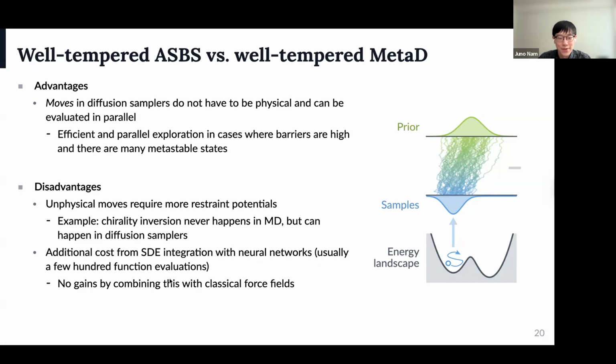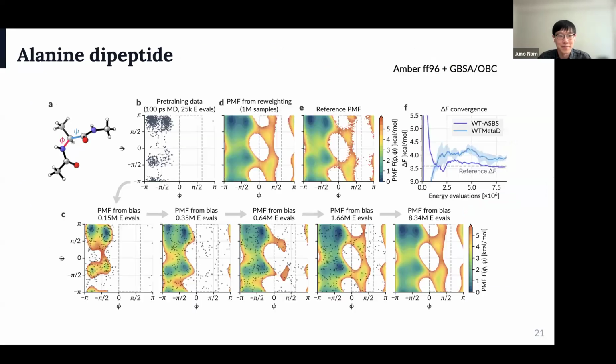So if we combine this with a classical force field, then there is actually not much gain from combining the well-tempered mechanism with diffusion samplers compared to just leveraging classic MD or MCMC methods. But we'll see in which case well-tempered ASPS can actually be beneficial even in terms of wall-clock time.